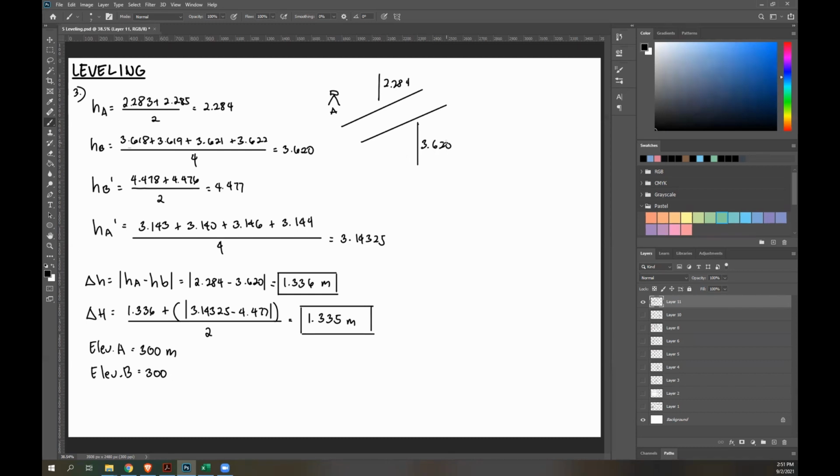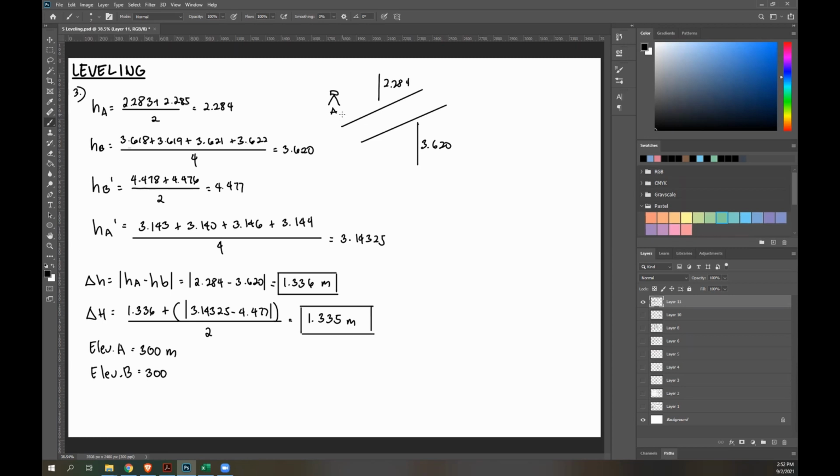And remember, whichever has the lower reading is at the higher level. Because if you try to imagine, the higher your instrument is, the lower the value. So if your instrument is very low, here's the ground, this is higher. So therefore, A is at higher ground.